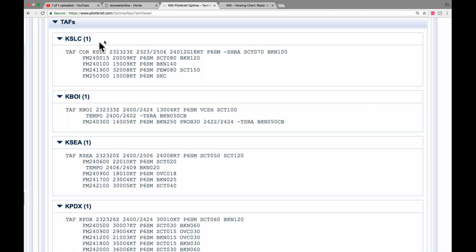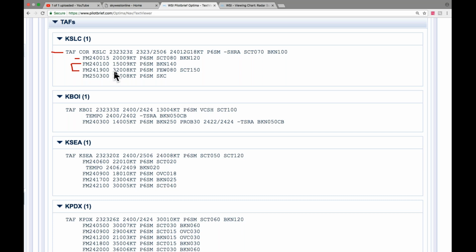There's a significant enough change in the weather that they start a new line. So this first line is good for basically 45 minutes, let's just say. But then you can see that from 00:15 until 1, that's another 45 minutes. But from 1 until 1900 Zulu, they don't expect a change.